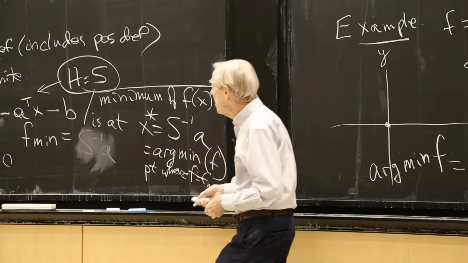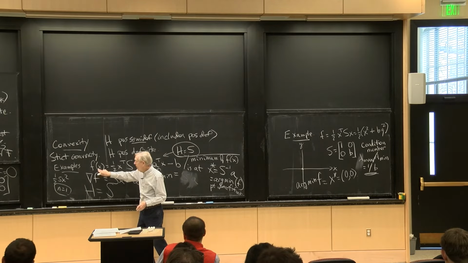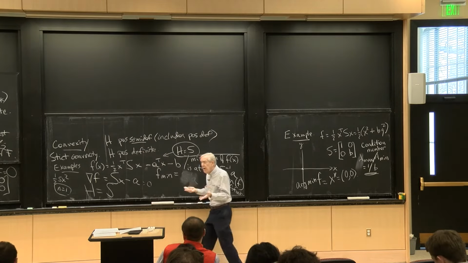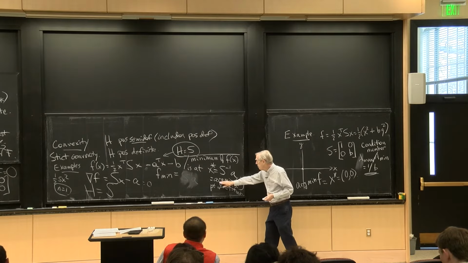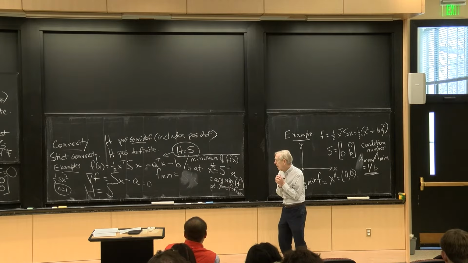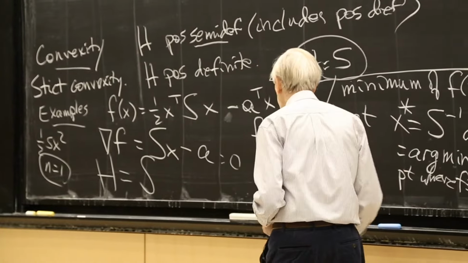If I have a function f of x, x is the argument of the function. You might more often see the word variable, but argument is what I'm assuming that refers to. It's the argument that minimizes the function. Okay, good. And here it is, S inverse A.